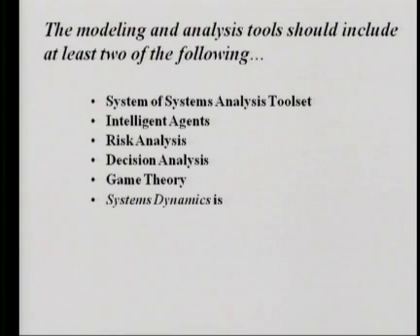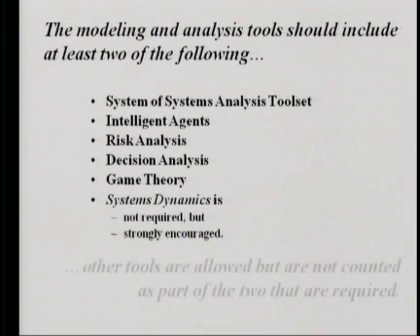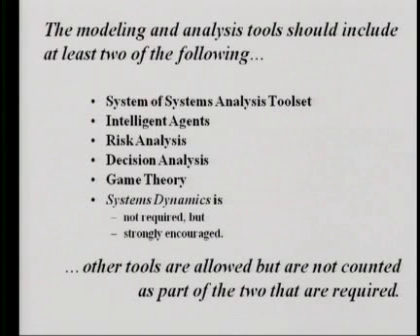And what's asked for in these class projects is we pick at least 2 of those and use them in a federated modeling sense to help us make decisions about policy portfolios. System dynamics is not required but strongly encouraged. And the other point is there are other people in the class, I'm sure, who know other tools, and that's fine. Use those if you wish, but they're not to be counted in the 2 here. So we had to pick 2 from these 6, minimum of 2.